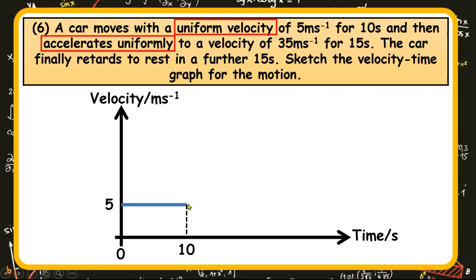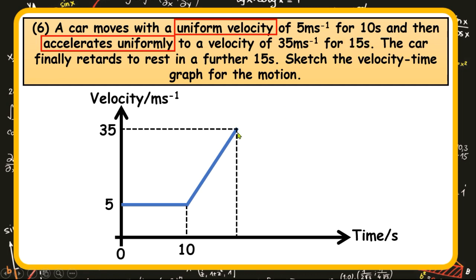So from this point, this car accelerated uniformly like that to a velocity of 35 meters per second, meaning this corresponds to 35 meters per second. So initially, it was 5 meters per second, but it was on a constant velocity. At this end, the car then traveled uniform acceleration to 35 meters per second for a time of 15 seconds.